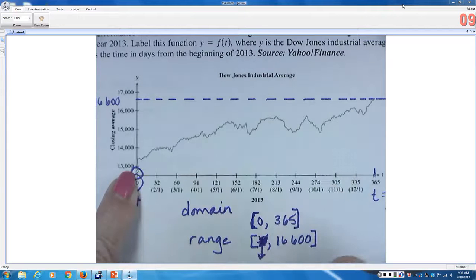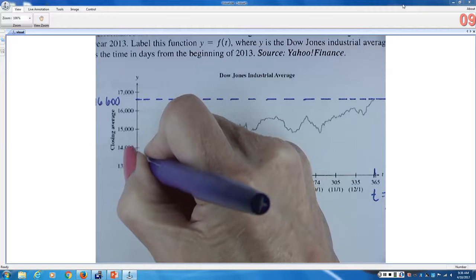It's probably about 13,100. I don't know, it's probably more than 100, maybe 200, 300. So we'll say about 13,200, because all I can tell for sure is that it starts here.